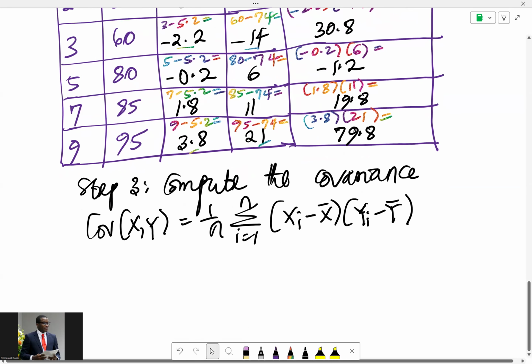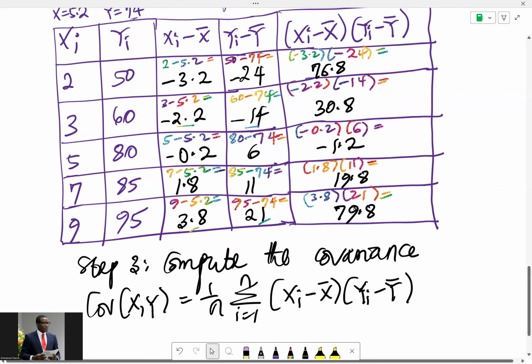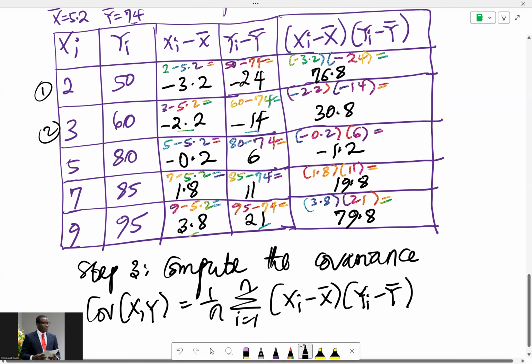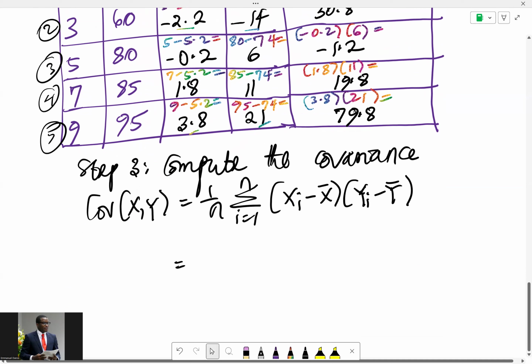So n is 5, the data points: 1, 2, 3, 4, 5. You have 5 students you're considering. So that means you're going to have 1 over 5 times xi minus x bar times yi minus y bar.